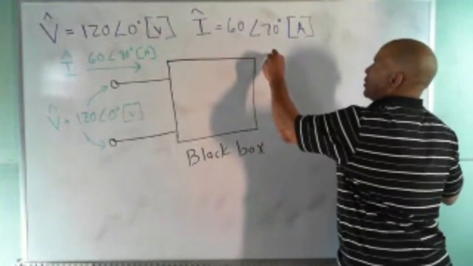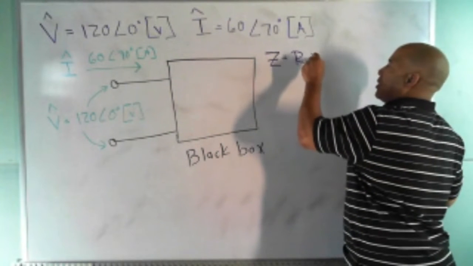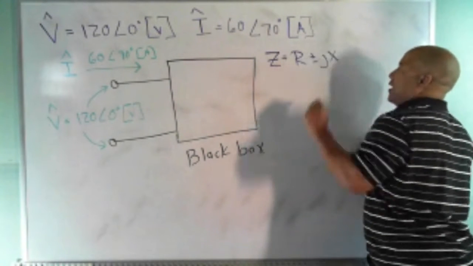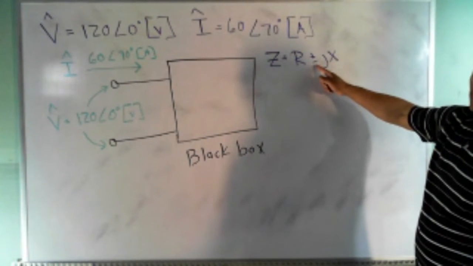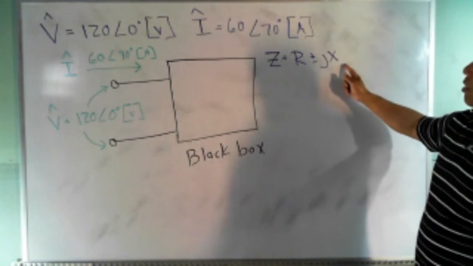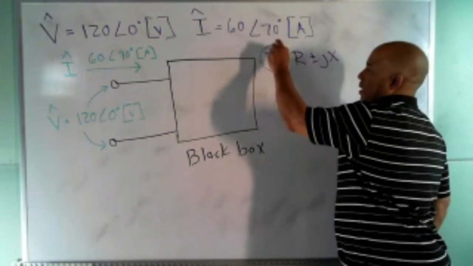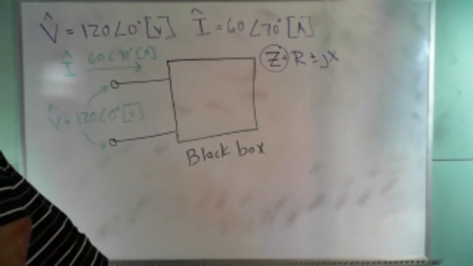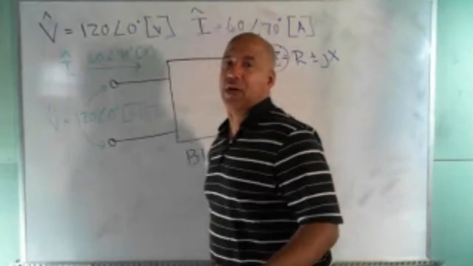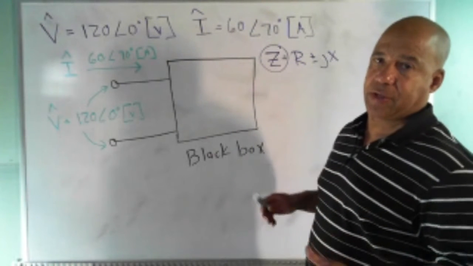So if I express Z like this, I get R plus or minus jX. Depending on if that j is positive or negative, I knew I would have an inductor or a capacitor in the circuit. So the first thing to do is to get this value right here, Z. So how do you get Z? Well, you ask yourself, if these were all resistors, if this was DC, what would I do?